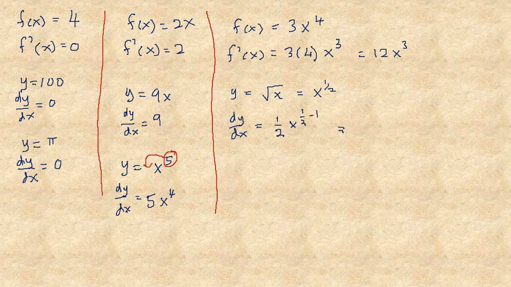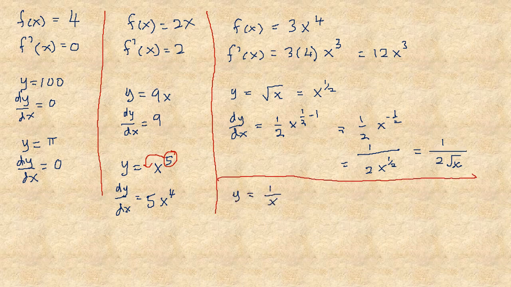So this one we get 1/2 x to the power of negative 1/2. Or we can write it as 1 over 2 x to the power of 1/2. So this is equal to 1 over 2 square root of x.